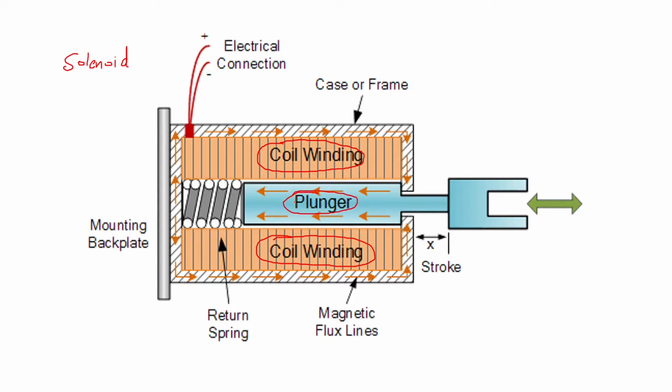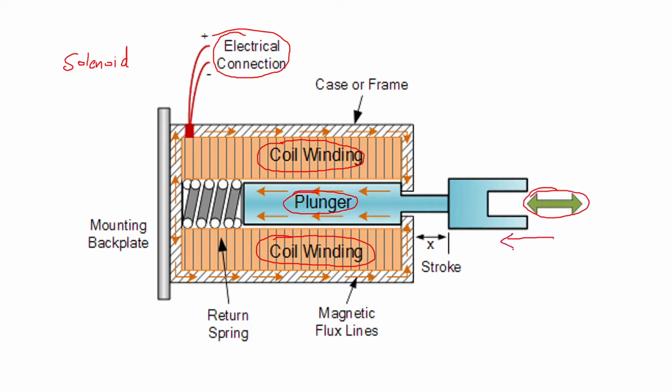Now depending upon the flow of current, that is, depending upon the input electrical connection, depending upon the coils inducing the voltages, the plunger here will make a movement either inside or outside. So you can see this is the movement of the plunger.